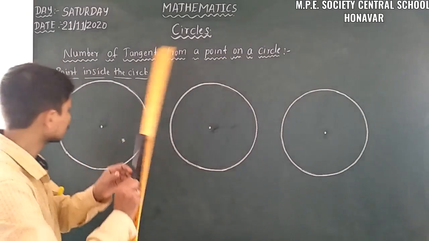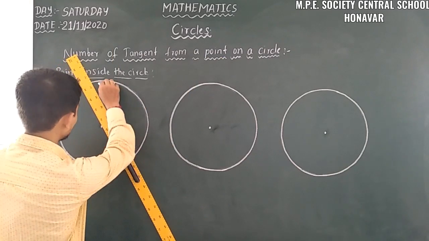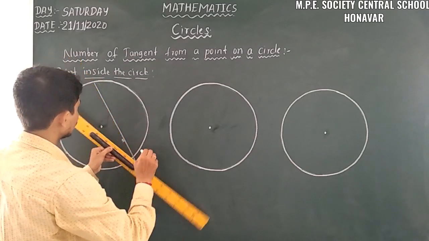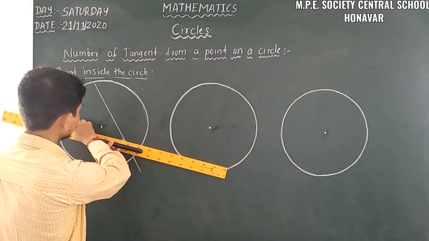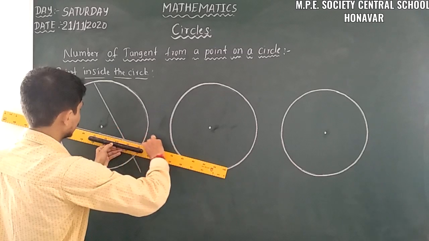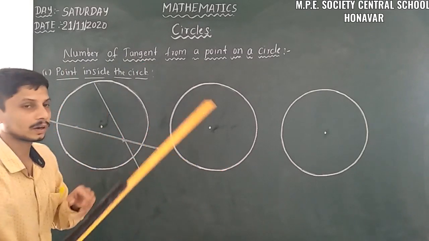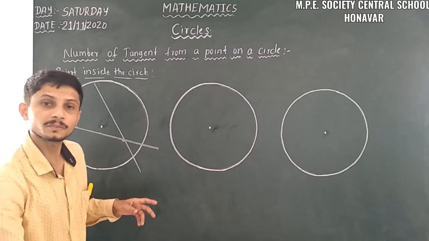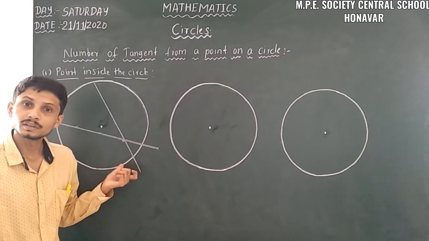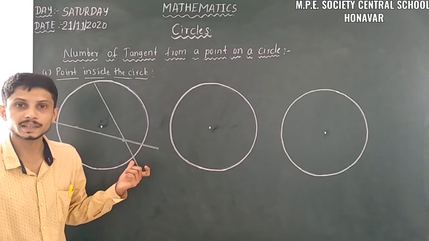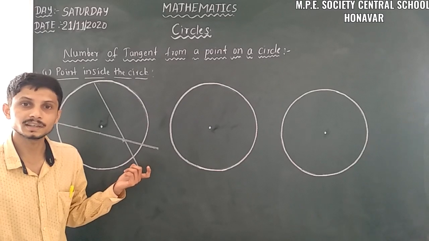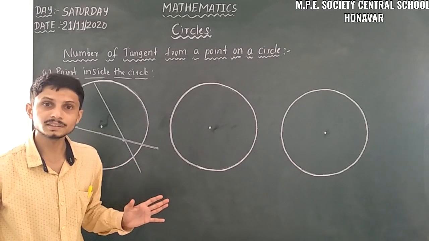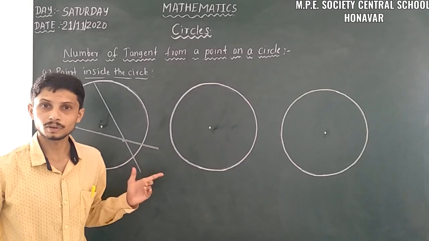Here we can draw some lines passing through this point. I can draw an infinite number of lines, but none of them is a tangent. That's why no tangent is available here.